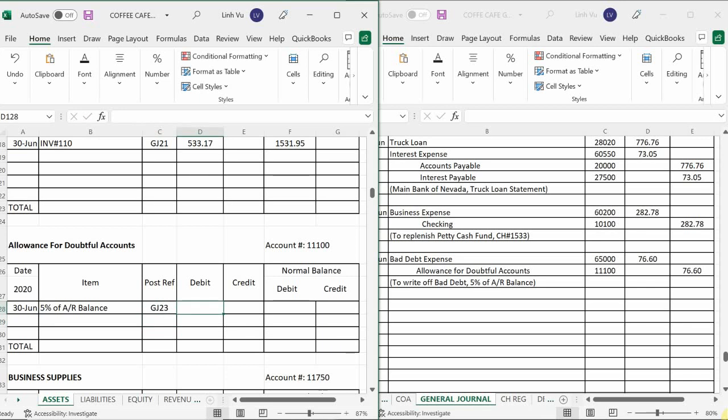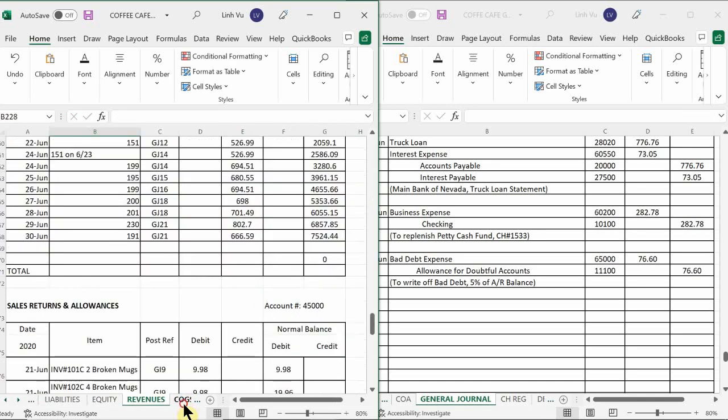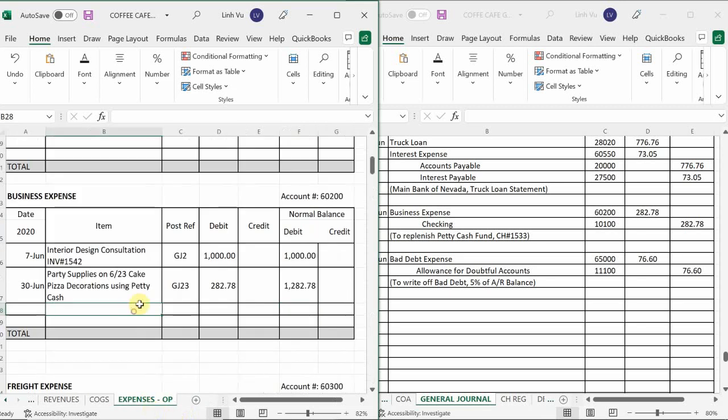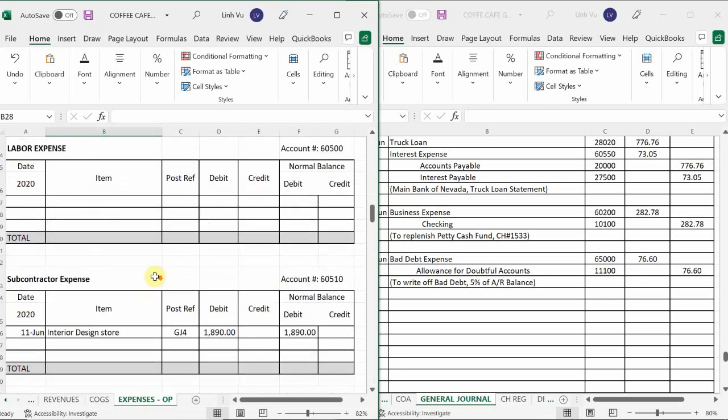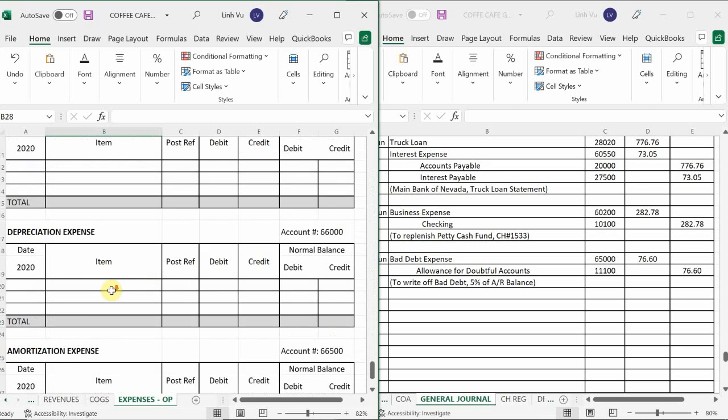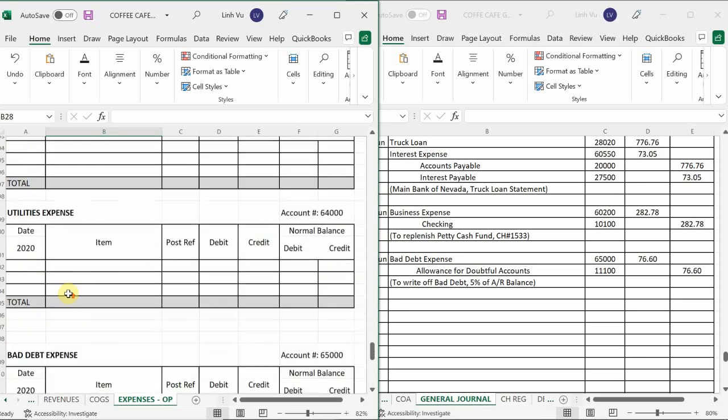Which in this case is a credit balance of $76.60. And because it is a credit balance here, we also need to debit our equal and opposite debit for the bad debt expense for that $76.60.